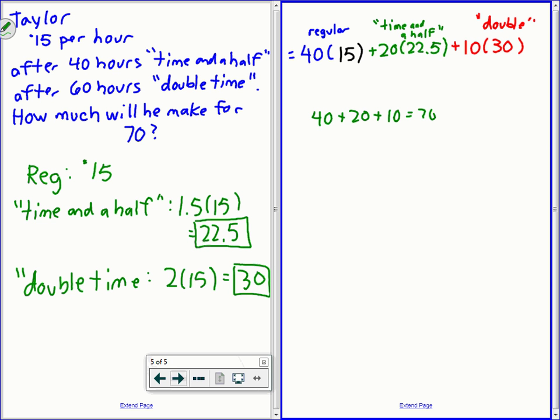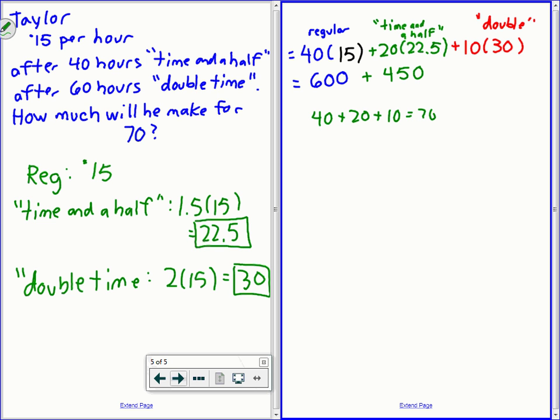Okay. Mason, since you weren't here yesterday, you're my calculator boy. Calculate 40 times 15 for me, please. Good. Calculate 20 times 22.5 for me, please. Good.